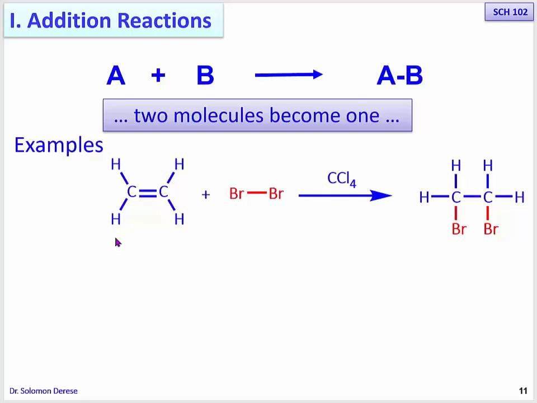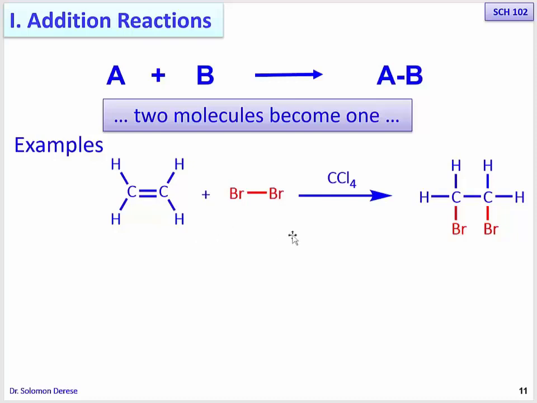You remember one of the tests for alkenes is the decolorization of bromine. The bromine solution will get decolorized when alkenes are reacted with bromine, because the bromines add to the carbon-carbon double bond. In the process, they get consumed, so the solution gets decolorized.